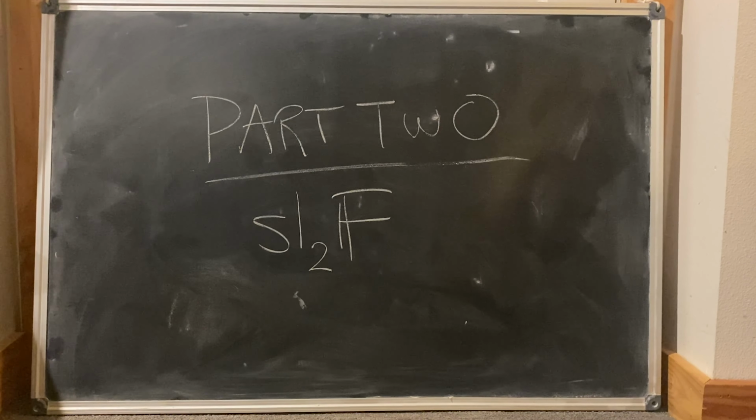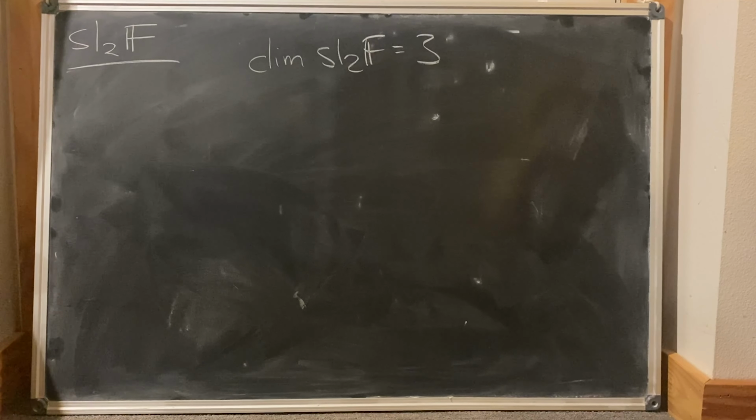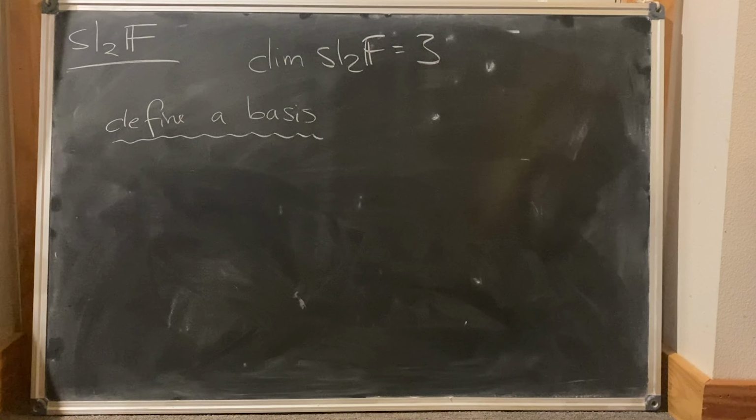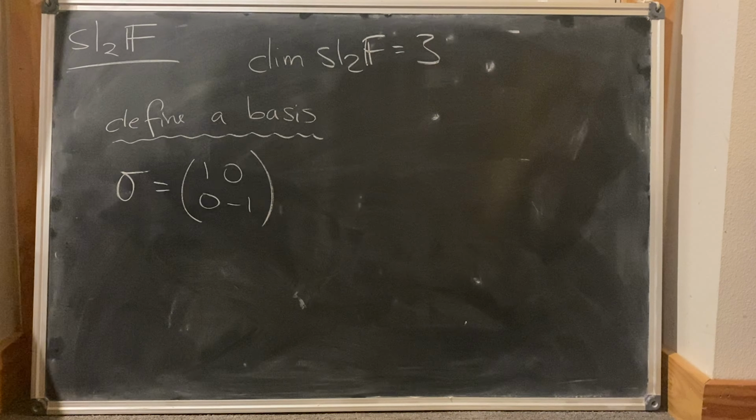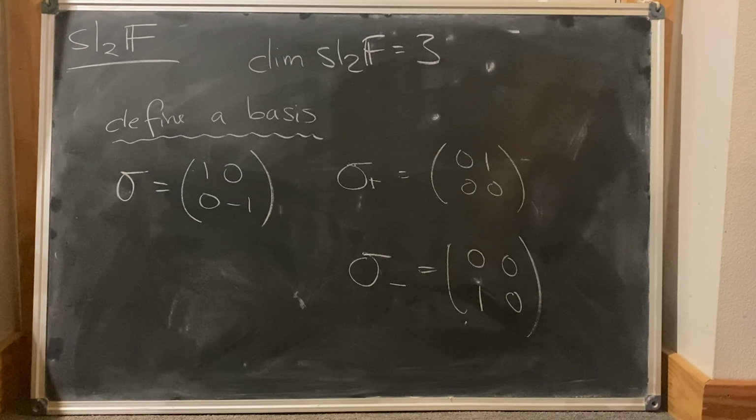We now specialize to the case of two dimensions. As a vector space, the set of two-dimensional traceless matrices has dimension 3. Let's define an explicit basis for this space. The most straightforward basis involves one diagonal matrix and two off-diagonal ones. That they form a linearly independent set is hopefully intuitive.